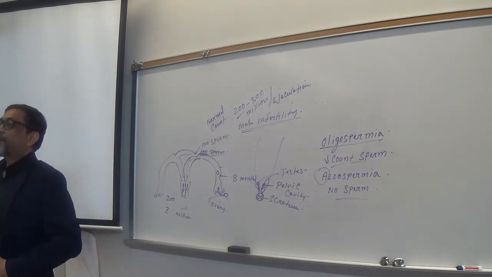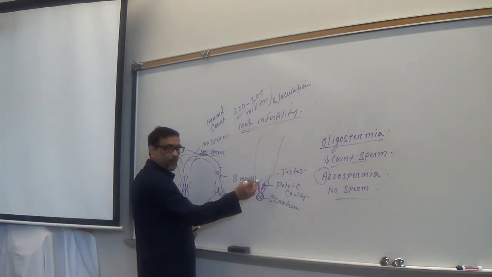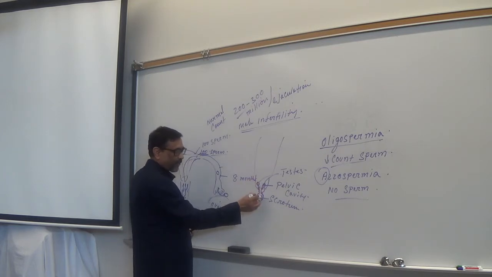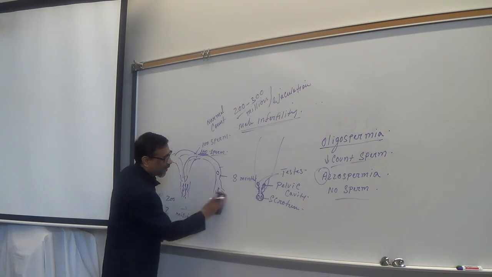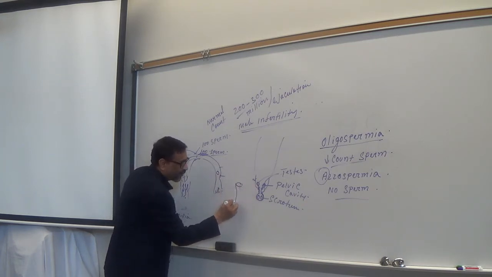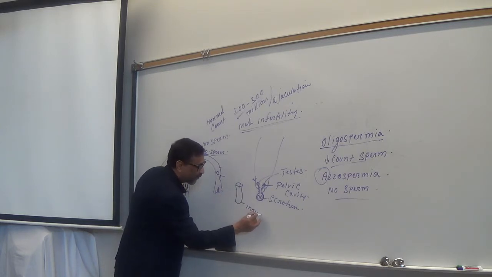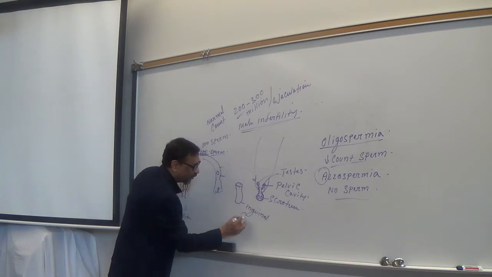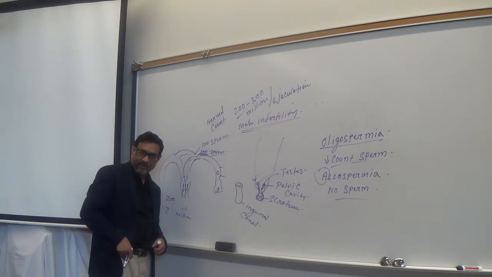Now, if the testis fails to descend or reach the scrotum, that undescended testis will remain there somewhere. This is what happens here. There is a canal called inguinal canal here, okay?